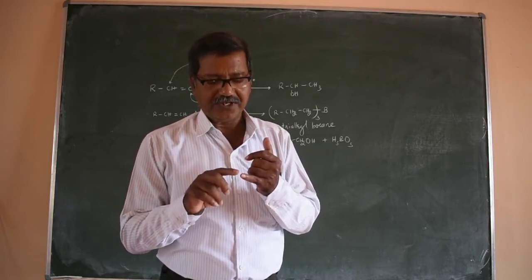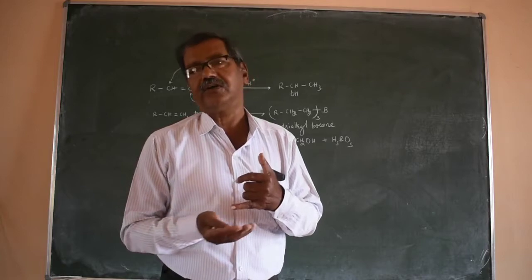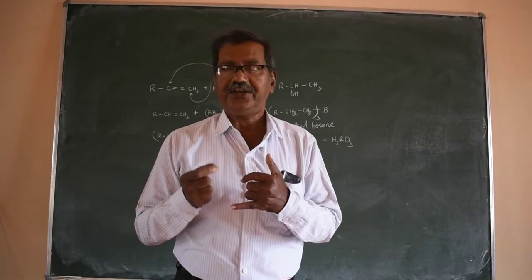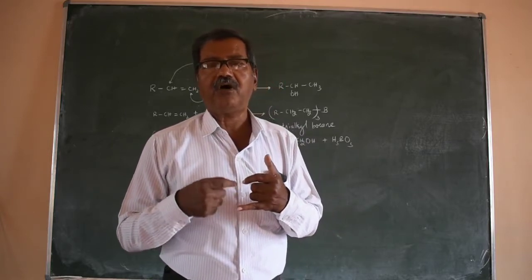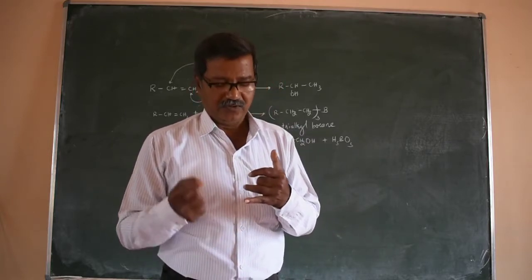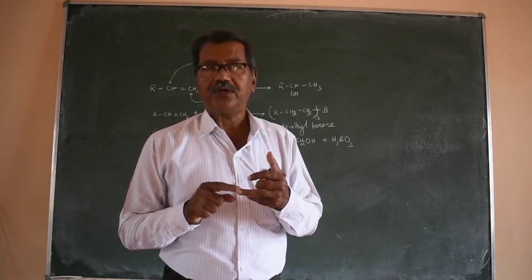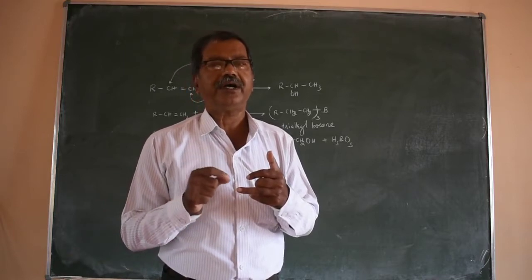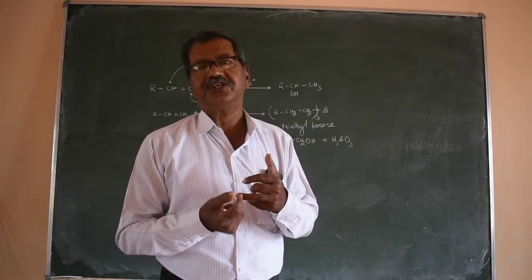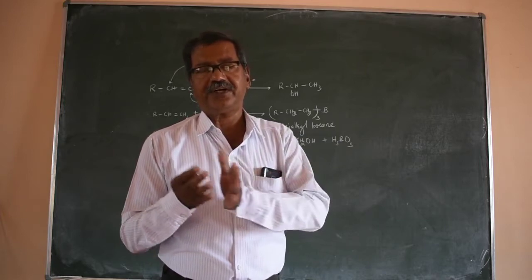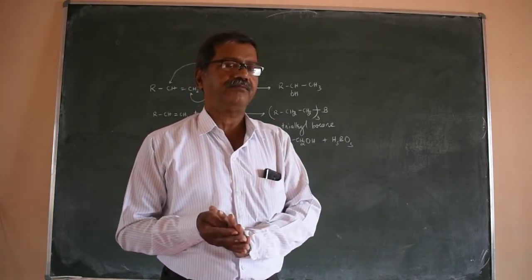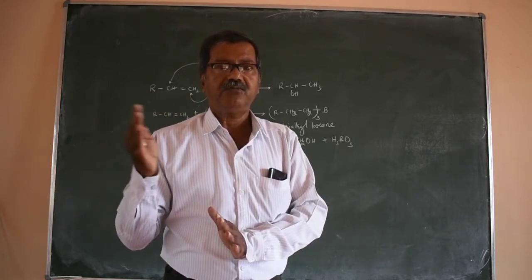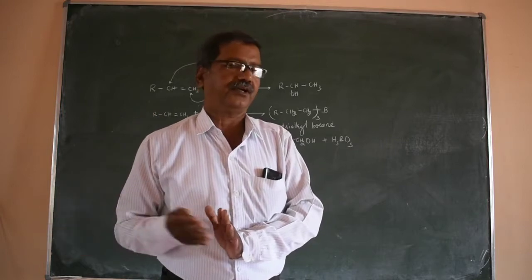We can convert aldehyde into alcohol by hydrogenation in presence of heated nickel, palladium or platinum catalyst. We can convert ketone into secondary alcohol again by hydrogenation in presence of the same catalyst. From the aldehyde it's a 1 degree alcohol, from the ketone it's a 2 degree alcohol.